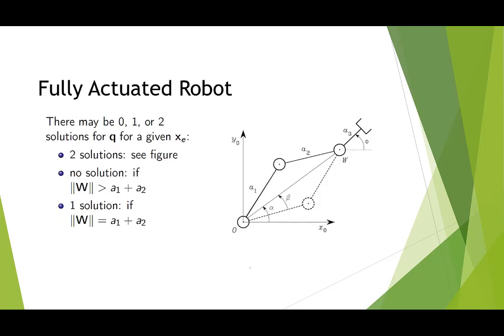So there's another case when we have a robot that's fully actuated, like this robot. This robot has 3 links, A1, A2, A3, and has 3 joints. Let's say we want the robot end effector to be at this position shown in blue.